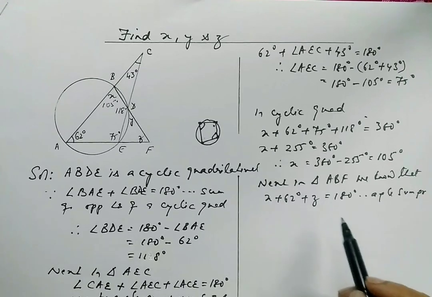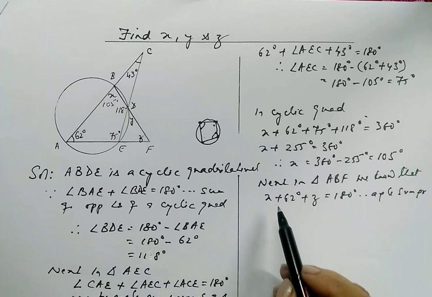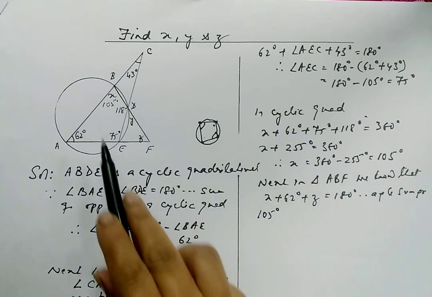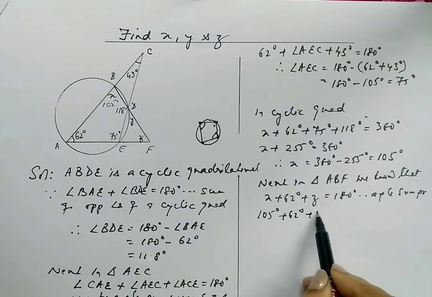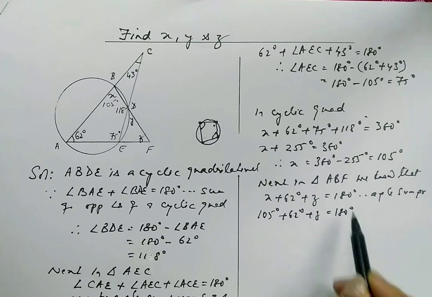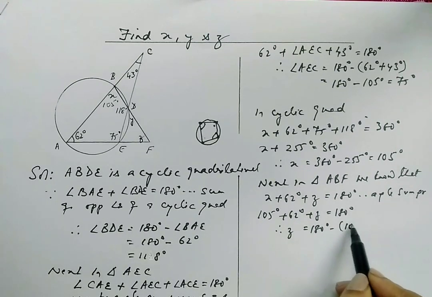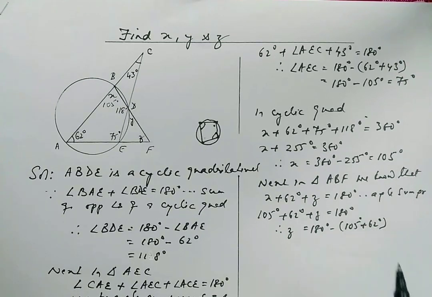Now we have x equal to 105 degrees, which we have found out right now, plus 62 degrees plus Z is equal to 180 degrees. Therefore Z is equal to 180 degrees minus (105 plus 62) degrees.